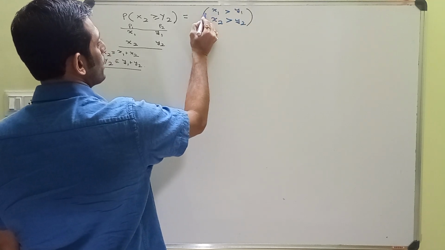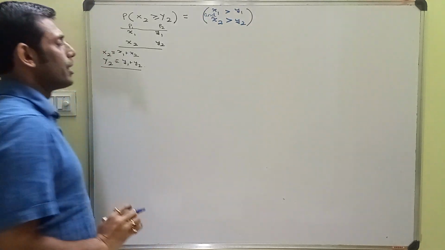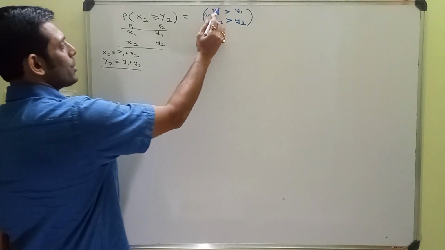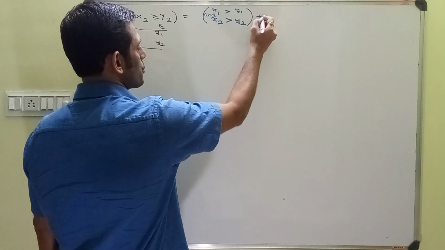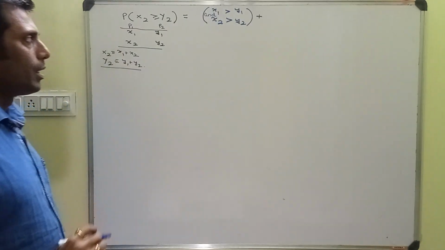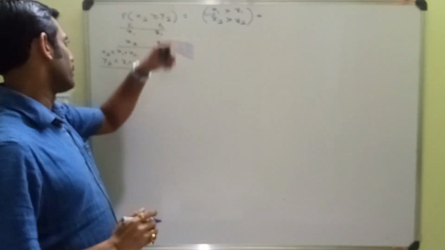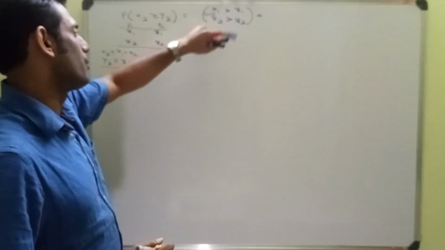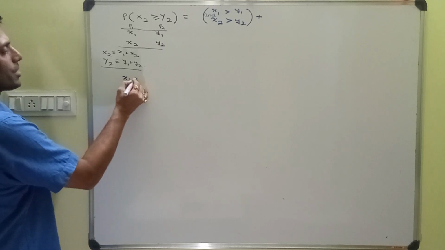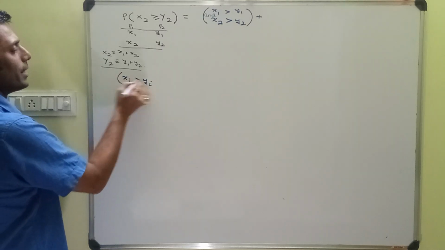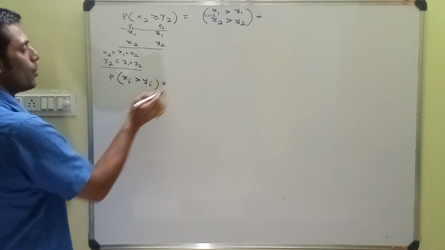In game 1, P1 scores more, and in the second game, P1 scores more. And there is a probability for each of them. Each of these, X1 greater than Y1 or X2 greater than Y2 or any Xi greater than Yi, is basically an event whose probability would be counted.